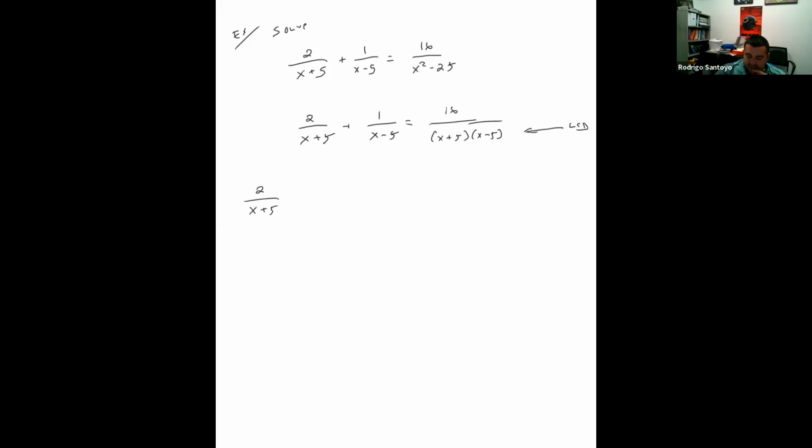So we should be multiplying the first one by x minus 5. Multiplying the next one by x plus 5. And the last one by nothing at all.